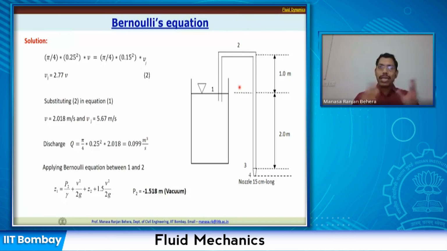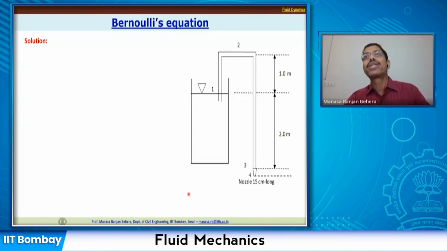Now I give you this option to find out what is the maximum height we can take this pipe so that we can still pull the liquid. You cannot go beyond absolute zero. The absolute pressure cannot be negative. Vacuum pressure or gauge pressure can be negative, but absolute pressure cannot be negative. So assuming the absolute pressure can reach up to zero, you find out what is the maximum height that we can have here. That is for you to find out.